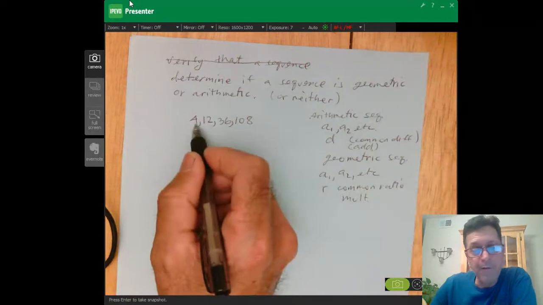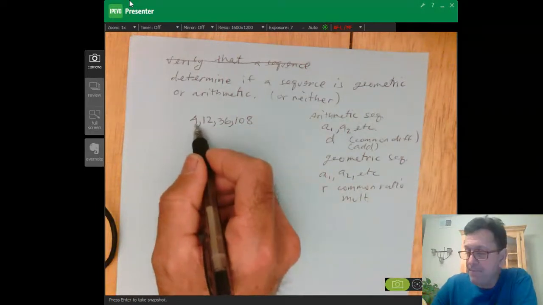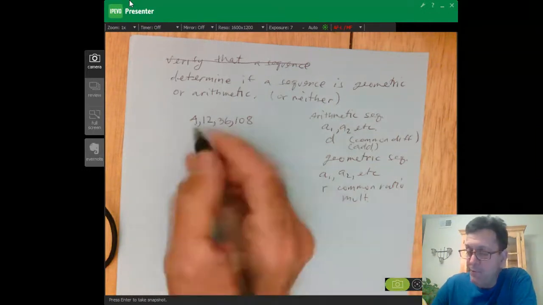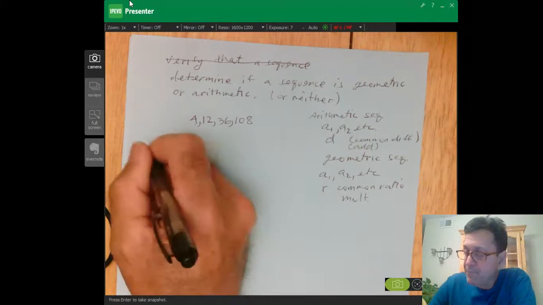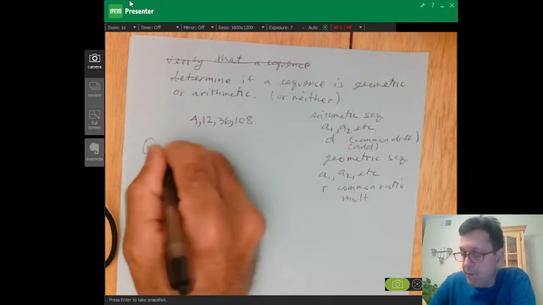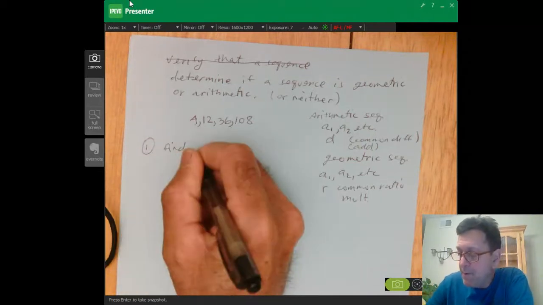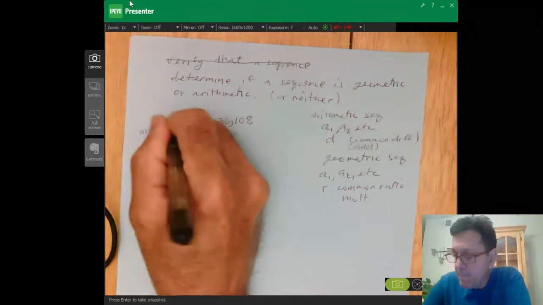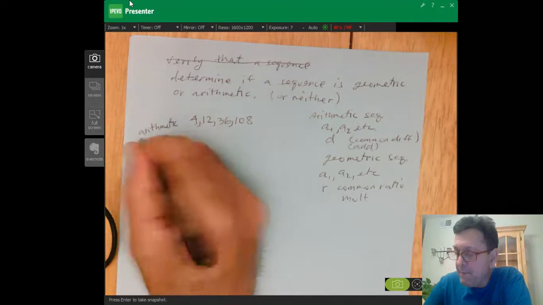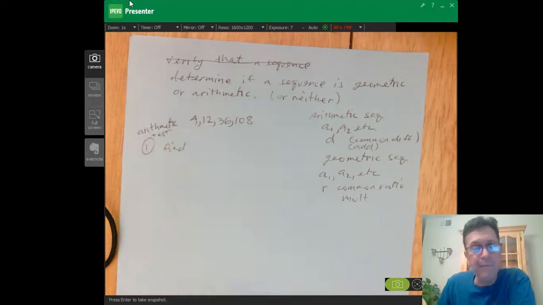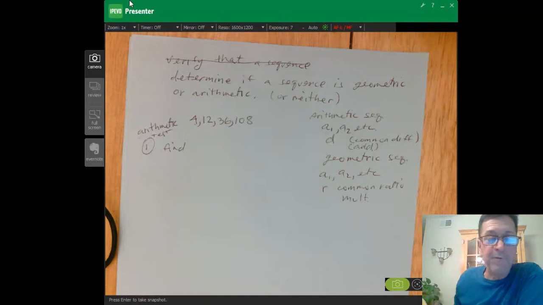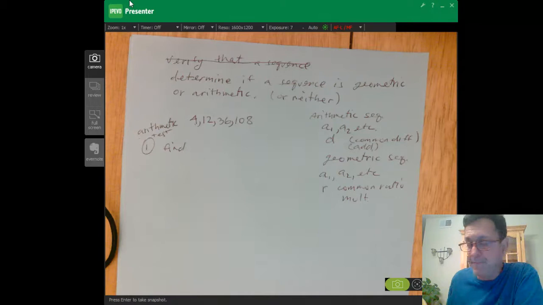So what we're going to do is apply both of these. If we're looking to see if it's the common difference, then we want to apply subtraction. So you take two terms. This will be for an arithmetic test, so we're going to see if this is an arithmetic sequence or not. The arithmetic sequence test and the geometric sequence test are really almost the same.